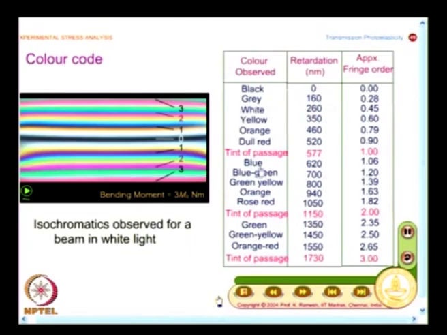The dull red to blue transition, a tint of passage, is labeled as fringe order 1, and the corresponding retardation is about 577 nanometers. The second transition happens between rose red and green. This is your fringe order 2, and the retardation is closely double that of 577.